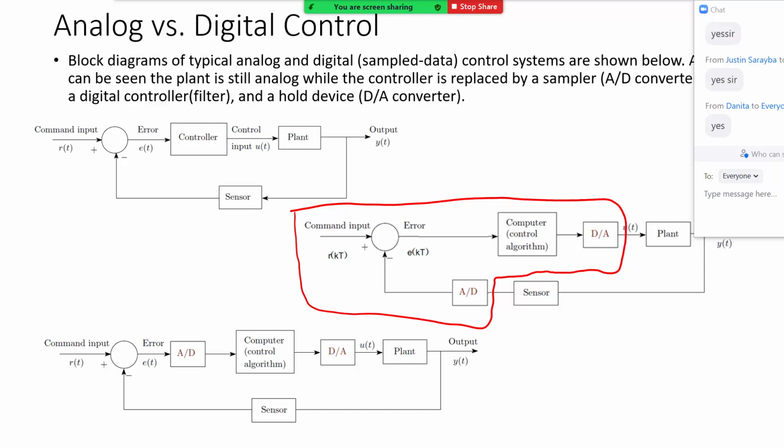And the other way is to do the whole design using the discrete time systems. So one way we can do all this is do an analog controller design, and try to convert it as accurately as possible to a digital controller. That might work. The other approach is to design the controller for a discrete time system.